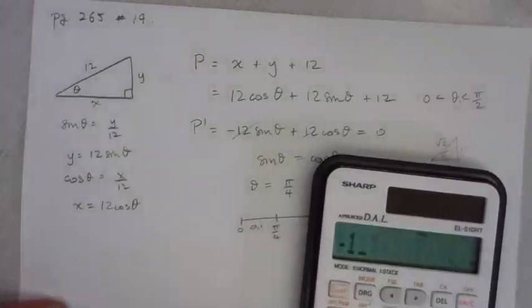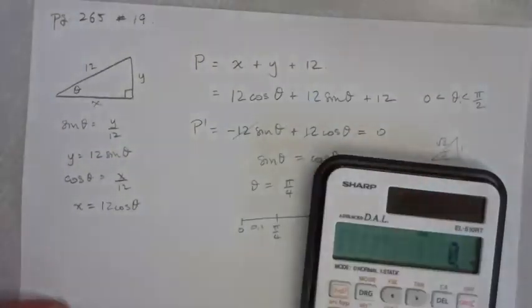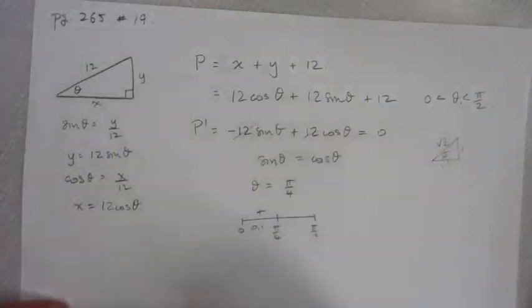So negative 12 times cos of 0.1. Oops, no, I did it wrong. It's negative 12 sine of 0.1. And then I'm adding 12 times cos 0.1. And that is positive.